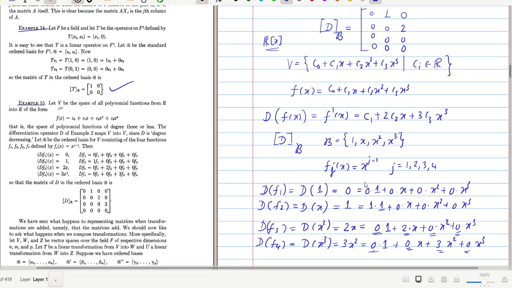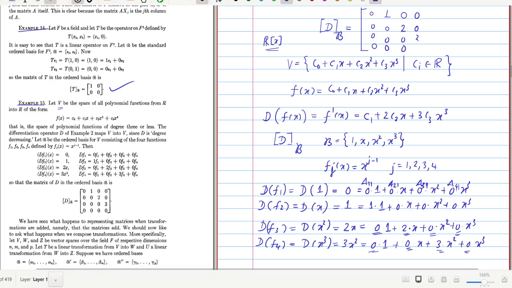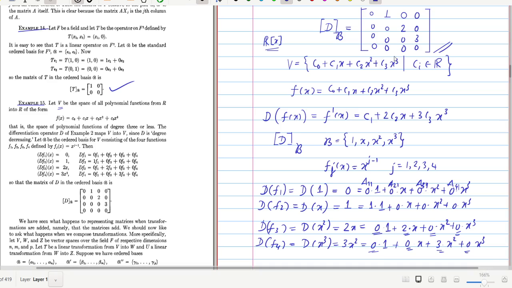This coefficient is a11, this is a21, this is a31 and this is a41, so that is the first column, and similarly we get the second, third and fourth columns. So the last column is 0, 0, 3, 0. This is the matrix of D relative to the basis B.